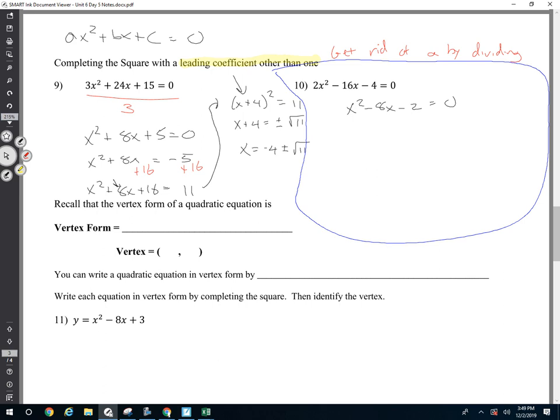Okay, but before you make this x minus 4 squared, you need to add something to both sides to enable you to write it as x minus 4 squared. So that number 2 needs to change.